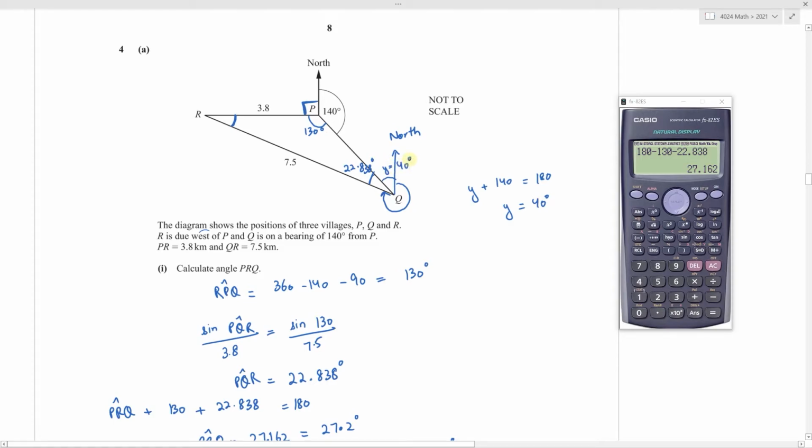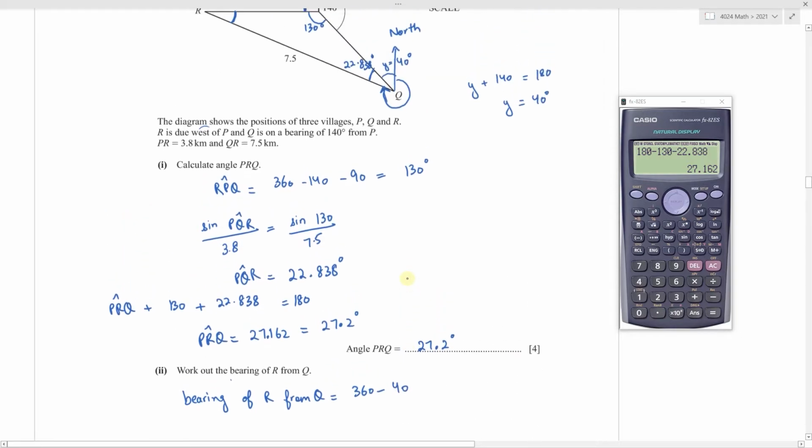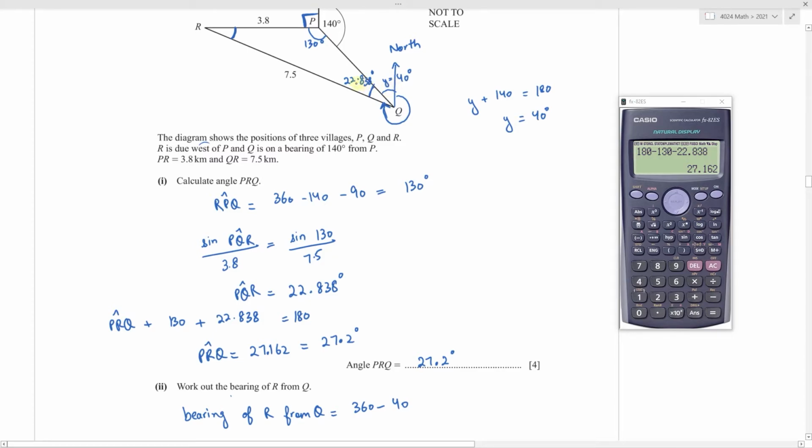Now I can easily calculate my bearing because I know that a full circle is 360. So I subtract 40 and this 22.838 to get the remaining angle. So the bearing of R from Q will be 360 minus 40, this 40, and minus 22.838.